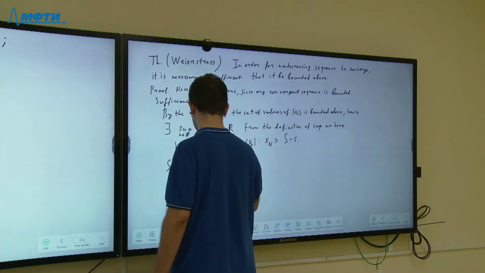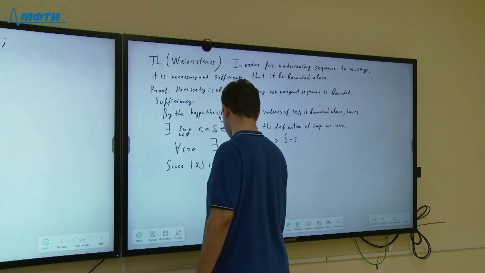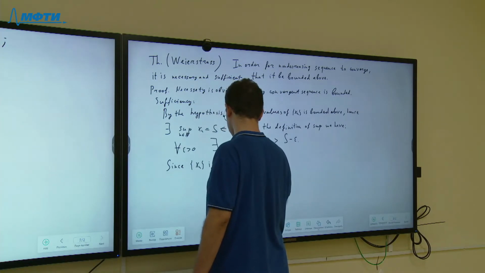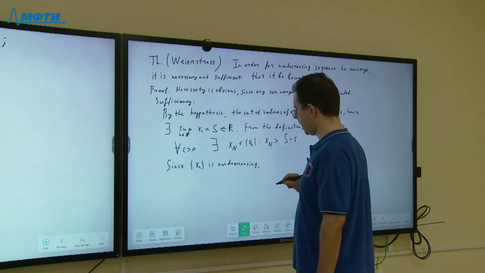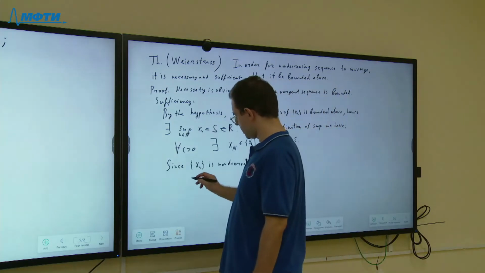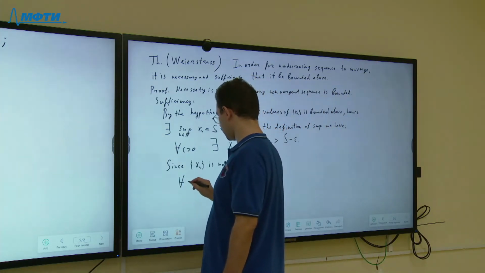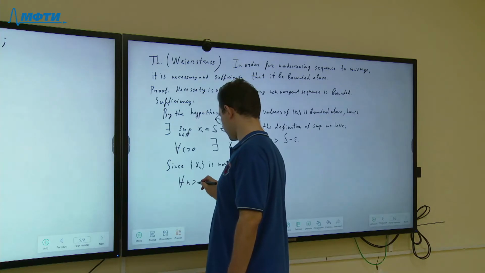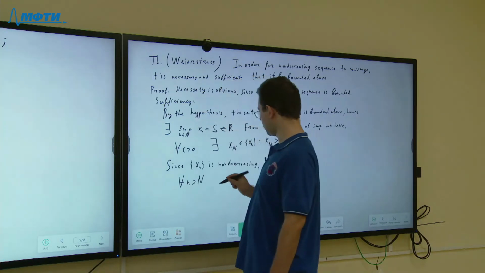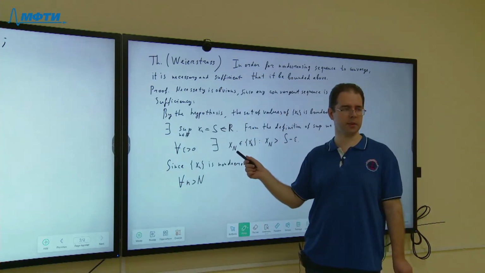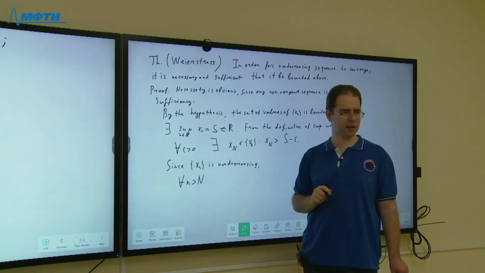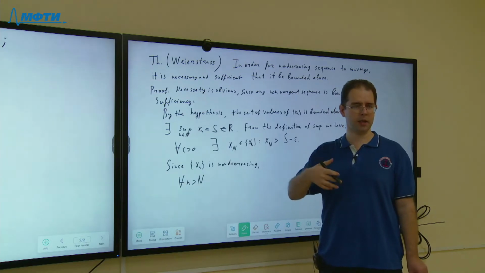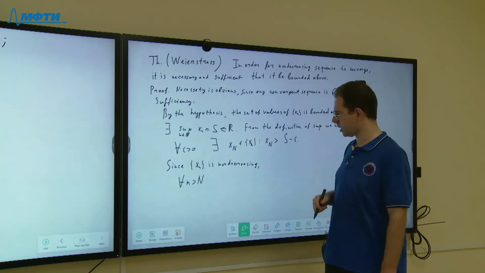Since x_n is non-decreasing, we can say that for any n greater than capital N, look, here that element in the previous line I called x with the index capital N. So basically I have found a number of that index, of that element.